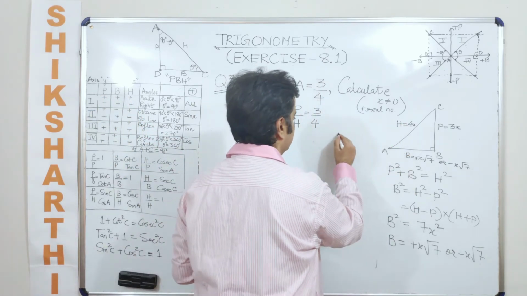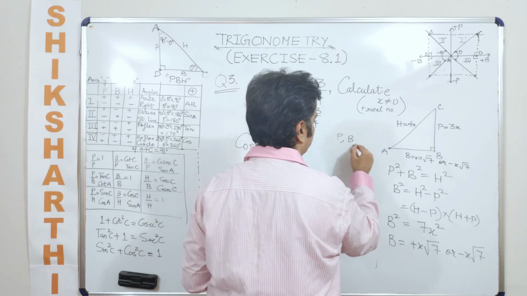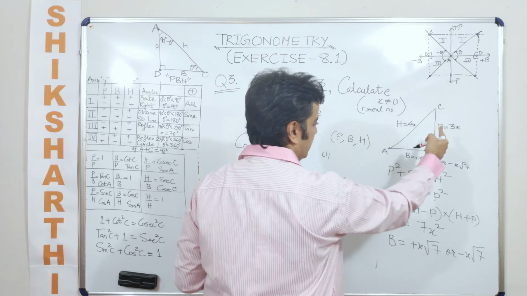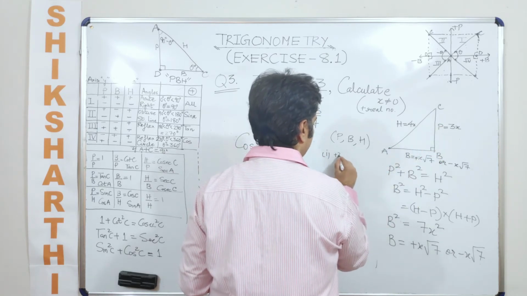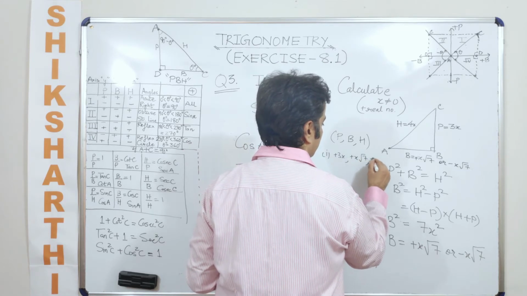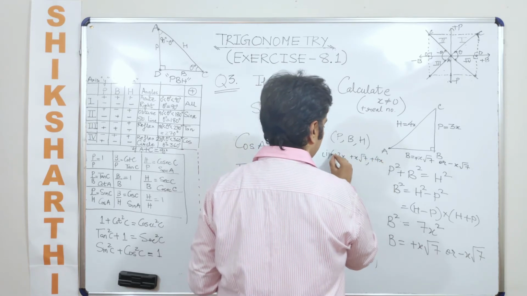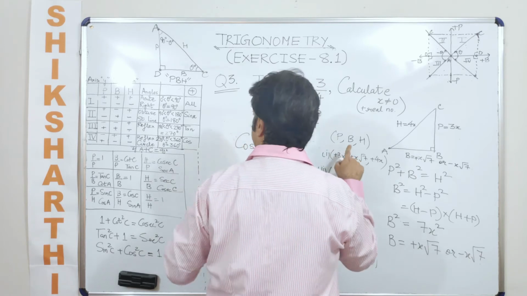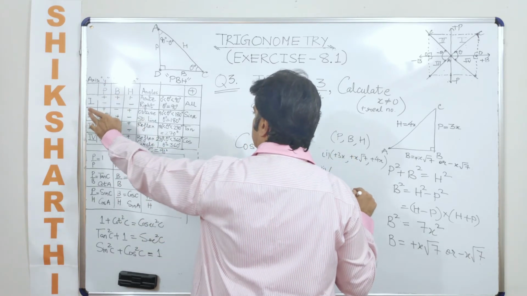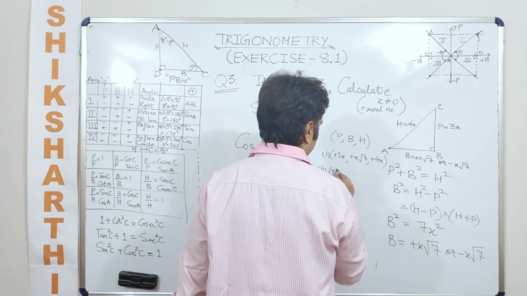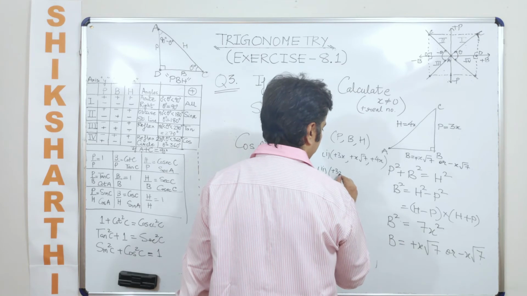So let me make two cases here, PBH. The first case here is PBH: plus 3x, plus x root 7, plus 4x. And the second case we are talking about here is PBH, where the value of b here is negative.